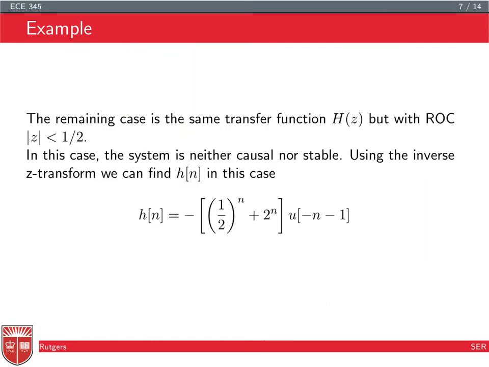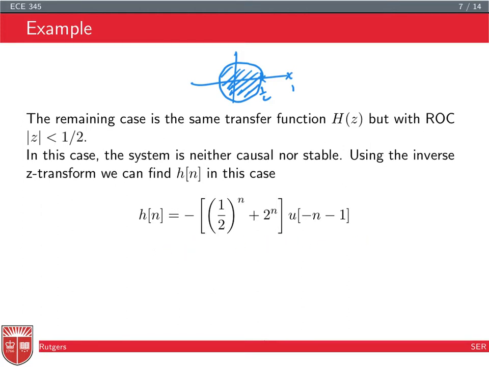Now for that example, if you just want to study the last case, when the ROC is given by |z| less than 1, again I had two poles, one at 1/2 and one at 2, and now I'm looking at the case where the ROC is the interior of this circle. This means that when you do the partial fraction expansion, both parts of the signal are left-sided, and this is why you get the formula here.